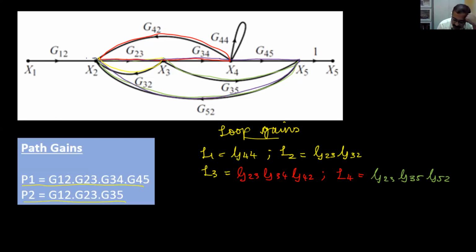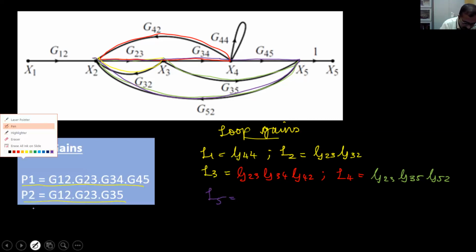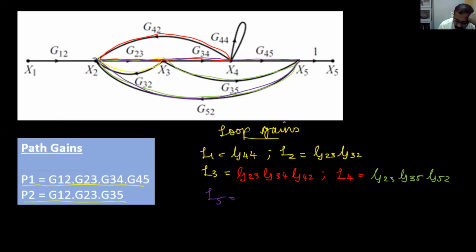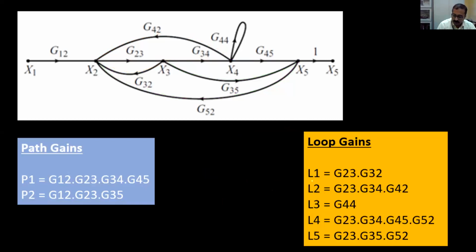That is another possible loop. So L5 is what? I will change the color. L5 is G23, G34, G45, and G52. Okay, so we have identified all the paths and all the loops. Any other loops possible? No. So in this particular problem, we have 2 path gains and 5 loop gains.